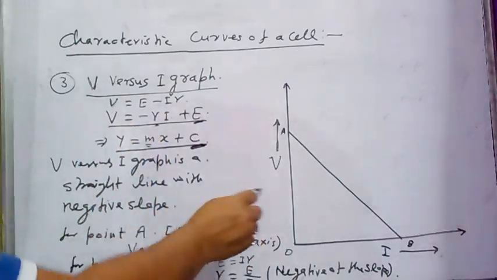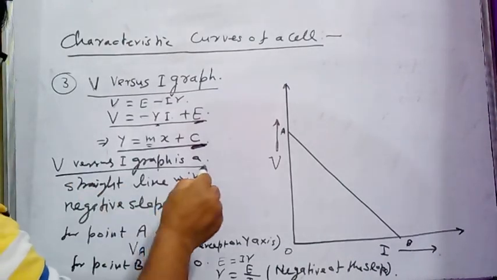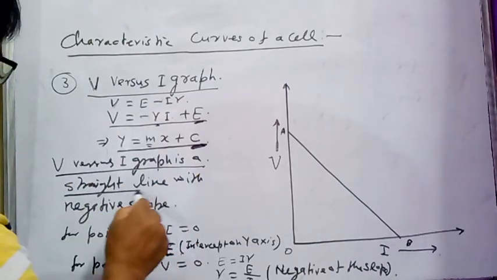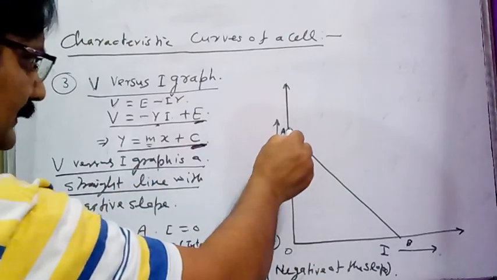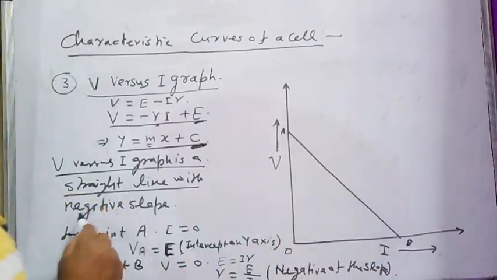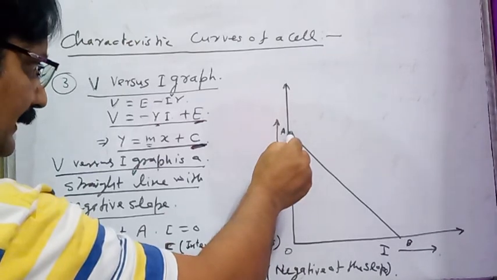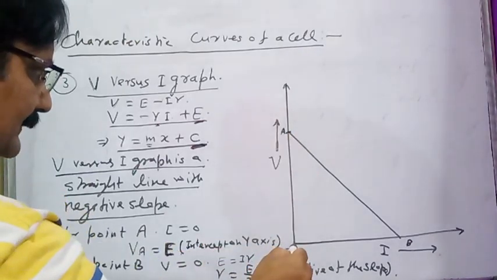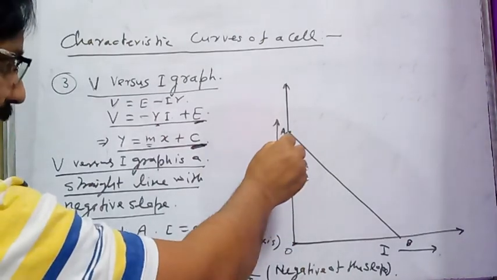So in this graph you see the V versus I graph is a straight line with negative slope. This straight line has a negative slope, and this is the intercept of the line on the y-axis. See, point A of the graph is here.